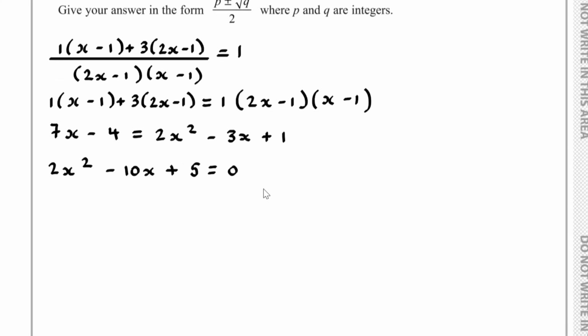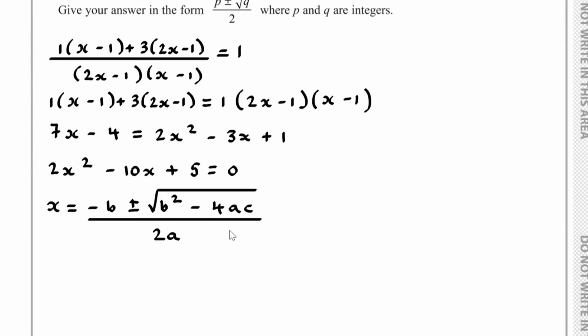Now, to solve a quadratic equation, we can use the quadratic formula. Now, here is the quadratic formula: x equals minus b plus minus the square root of b squared minus 4ac over 2a. A is 2, b is minus 10, c is 5.